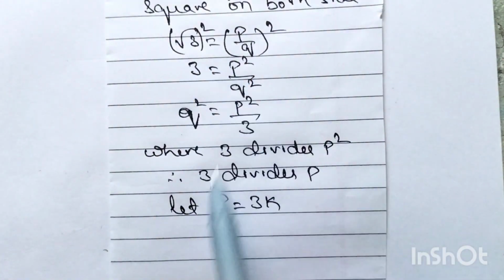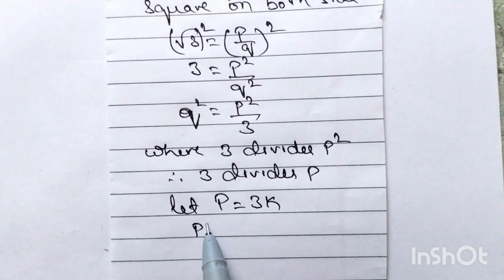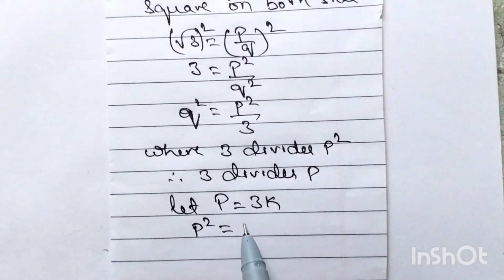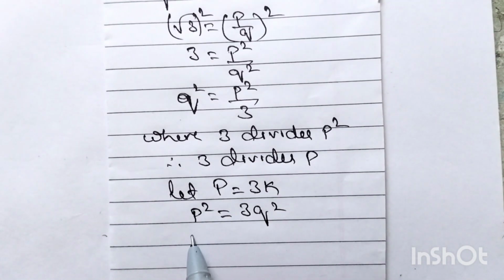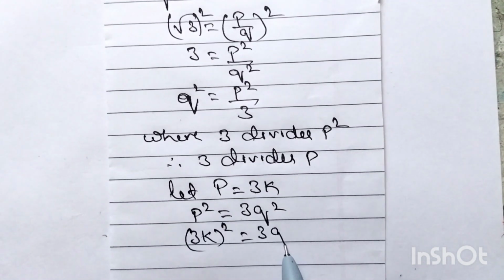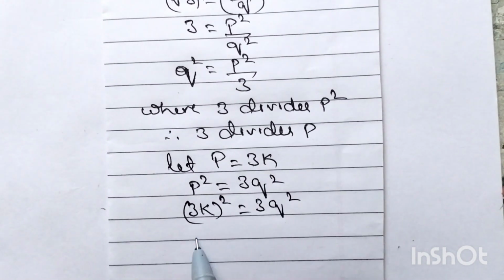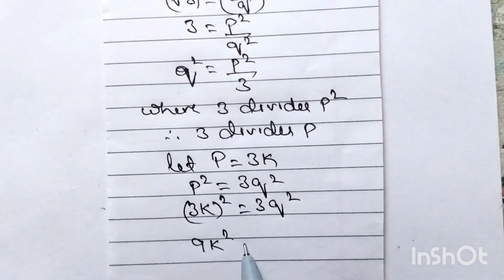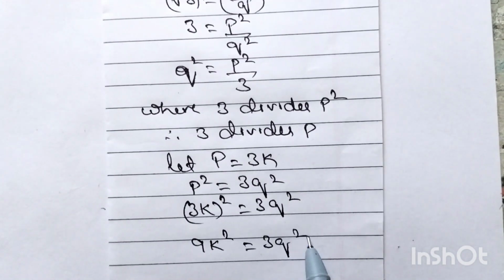So I apply it here. What is given there? So p square is equal to 3q square. So p square, that is 3k whole square, is equal to 3q square. So 3k whole square will become 3 square is 9k square, is equal to 3q square.